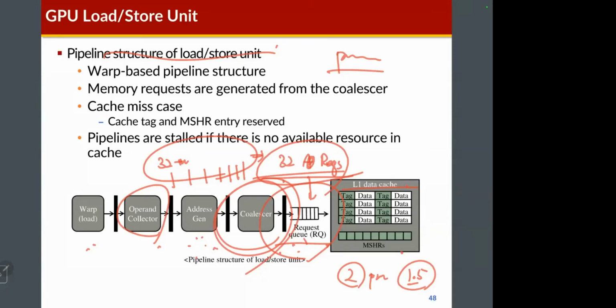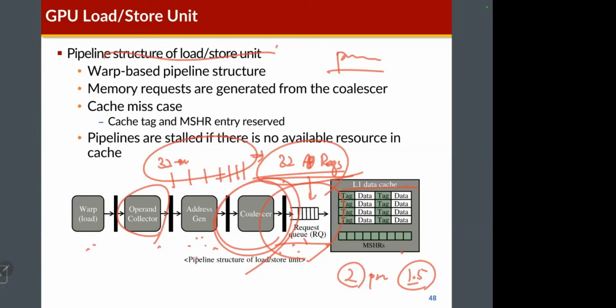But this time, we will focus on the architecture of the GPU load store unit. We already know that the performance of the memory system is very critical for the performance of the processor.